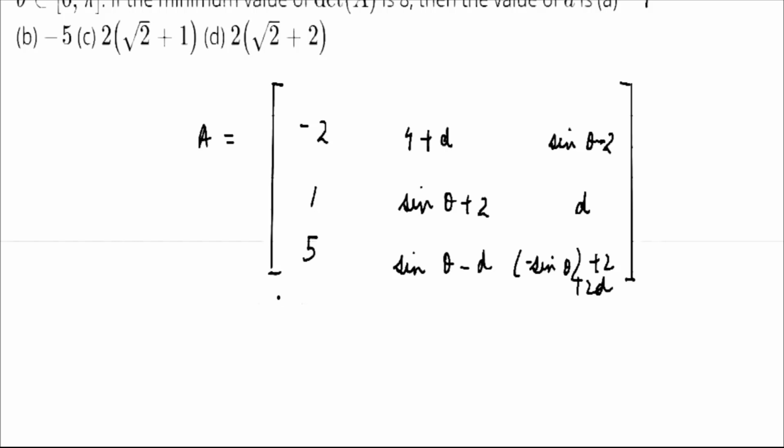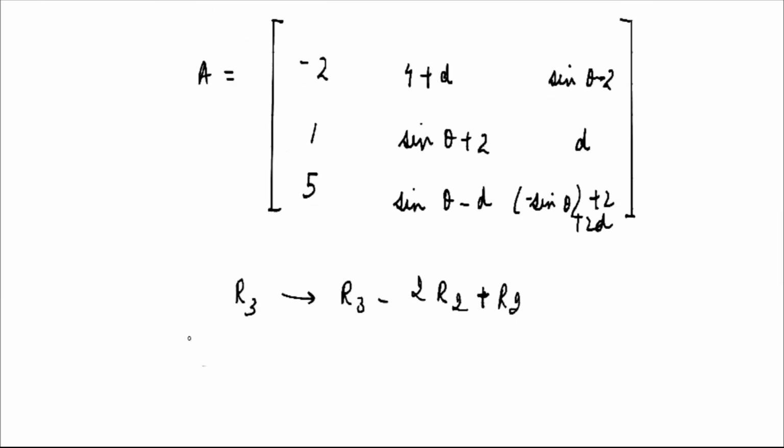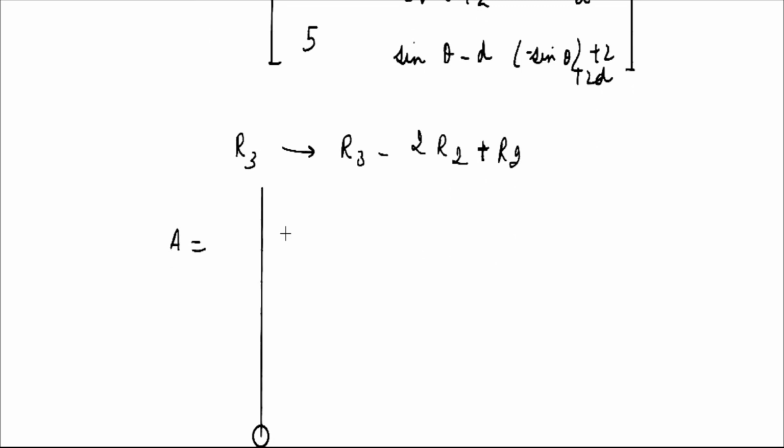So basically what I'll be doing here is that I'll be applying the operation that is R3 changing to R3 minus 2 R2 plus R1. I'm doing so that the determinant would be easier to find. So let's do that. So first two rows will be same.